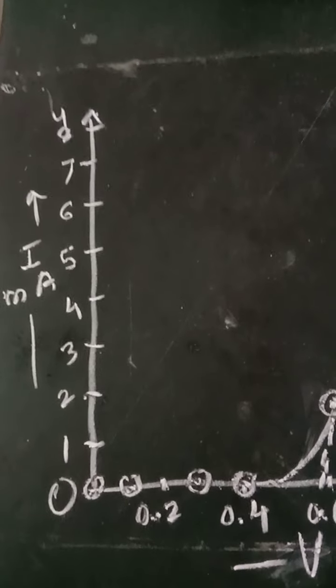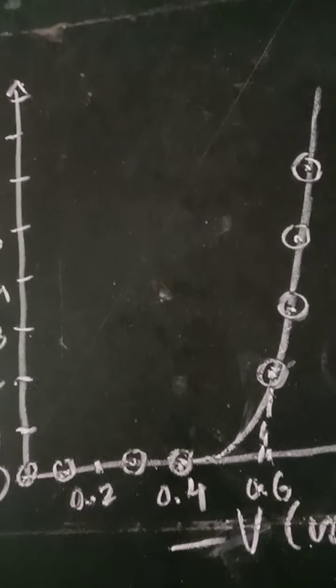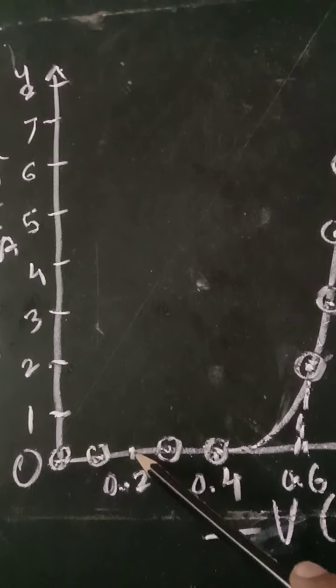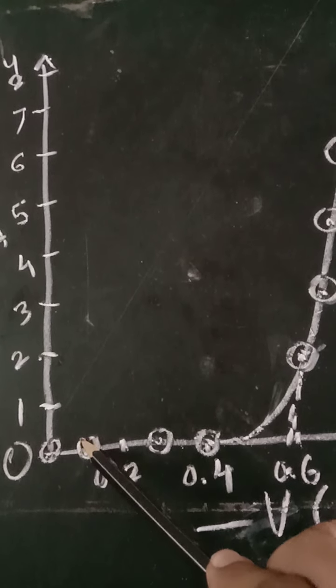You will have to first choose a scale, and then by selecting a proper scale, suppose for example 2 centimeter equals 0.2 volt, that is, 1 centimeter will be equal to 0.1 volt.